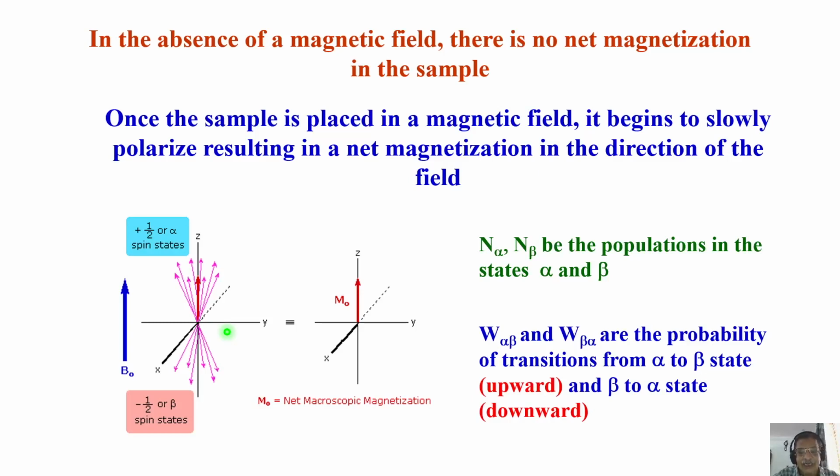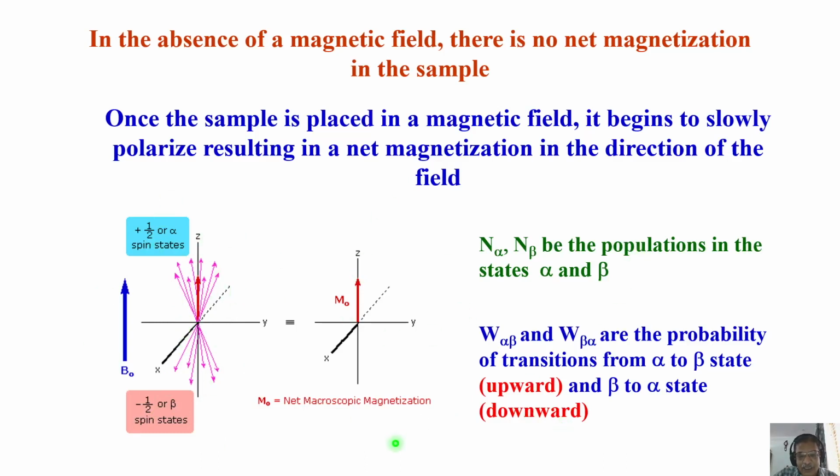To understand this for the two energy states, alpha and beta, let us denote the spin population in the alpha state as N alpha, and the spin population in the beta state as N beta. Before putting the sample into the magnetic field, there was no preferred alignment, no polarization.